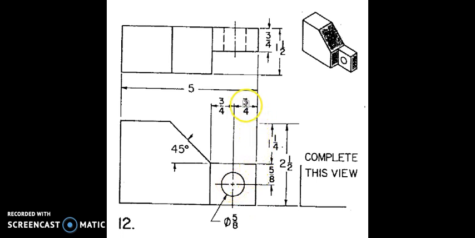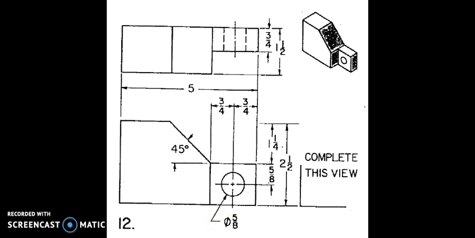It's 3/4 of an inch from the edge over to the left, and it is 5/8 of an inch down from this edge to the center. So 3/4 and 5/8 of an inch. The other information that we need is the diameter of the circle, and the diameter is given to us at 5/8 of an inch.